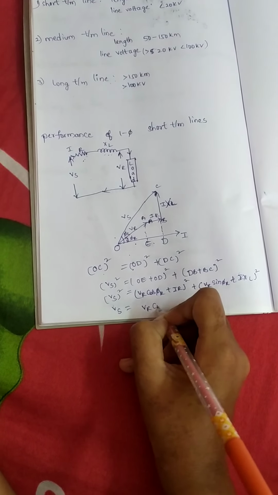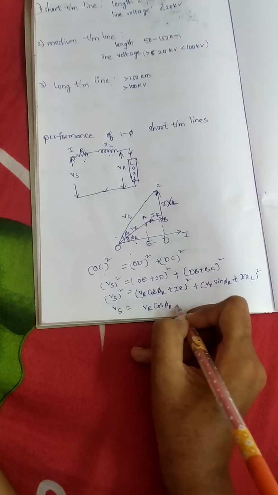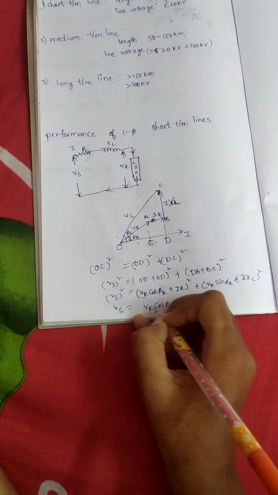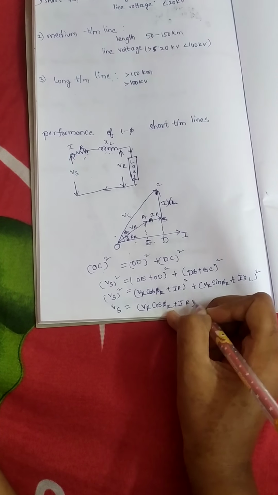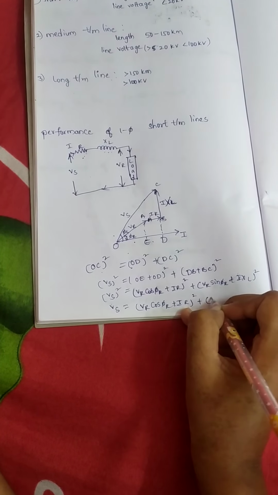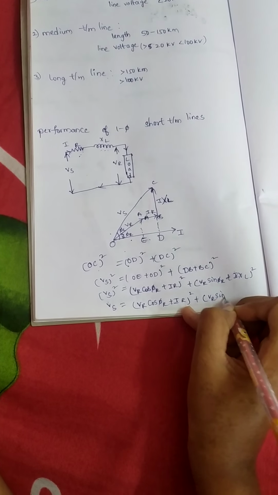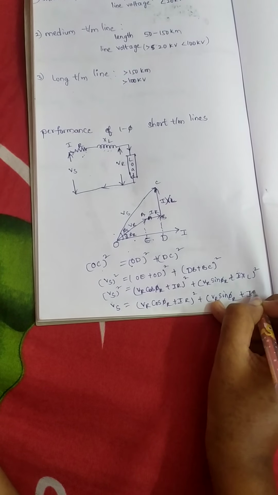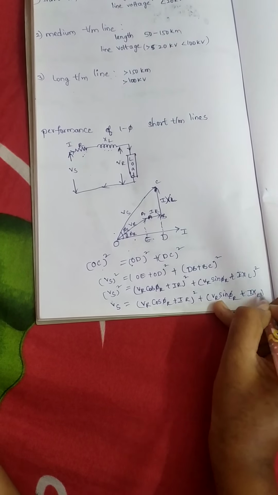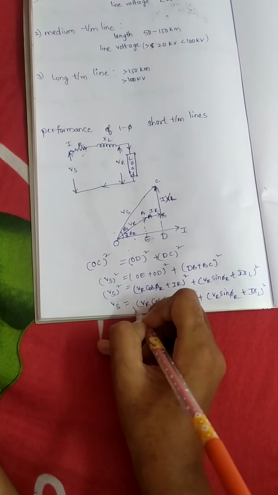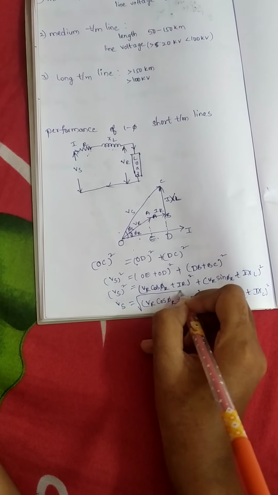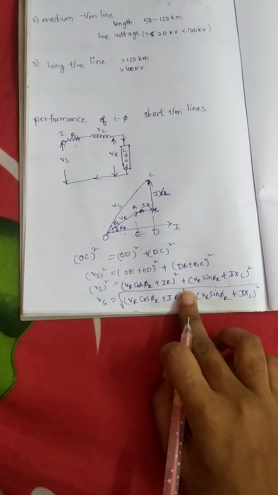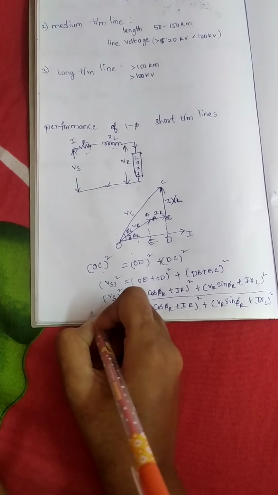So Vs is equal to the square root of (VR cos φr plus IR) whole square plus (VR sin φr plus IXL) whole square. This is the equation for sending end voltage.